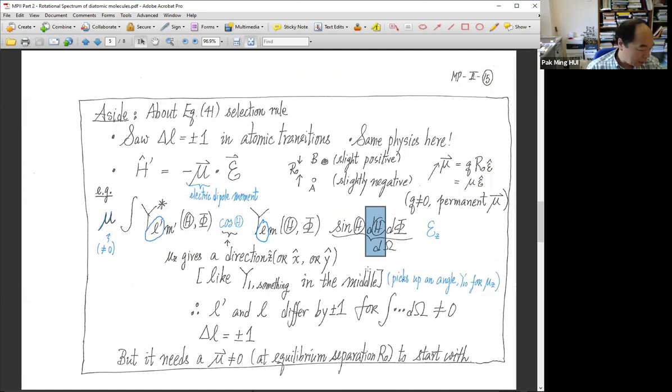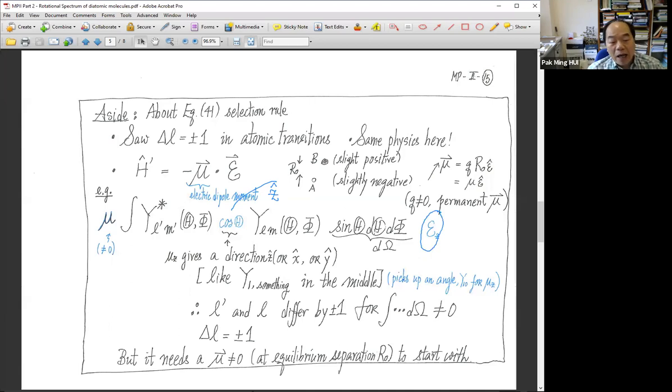That's the point. Okay. Now, for those who are more mathematically inclined, another way to think about it is as follows. Whatever this direction of the field is, it is a direction, Z here, or X here, or Y here.